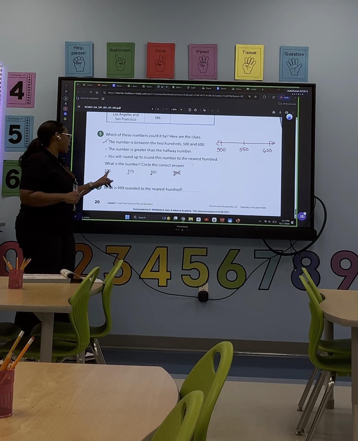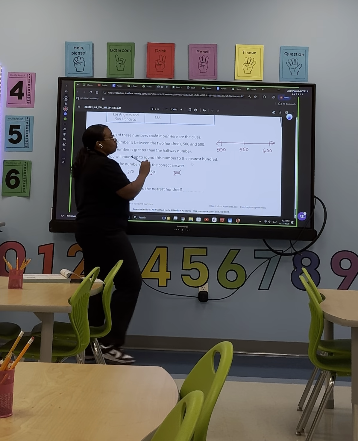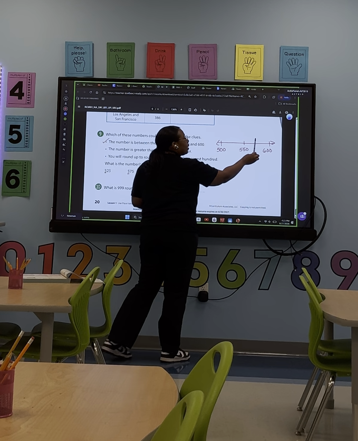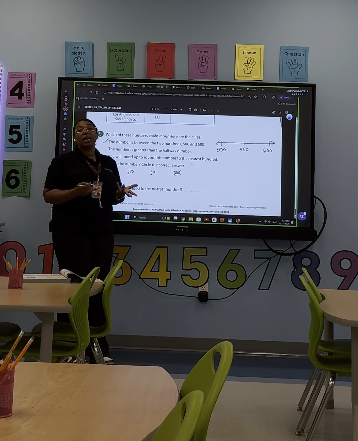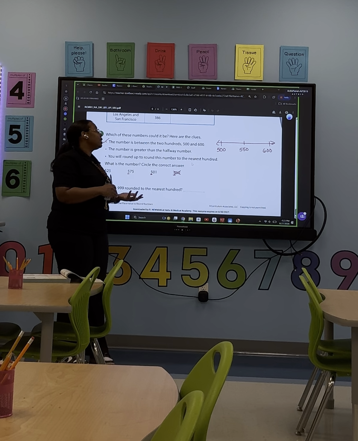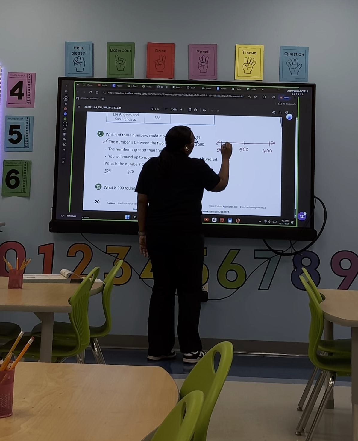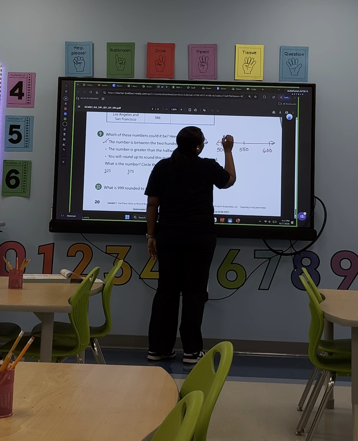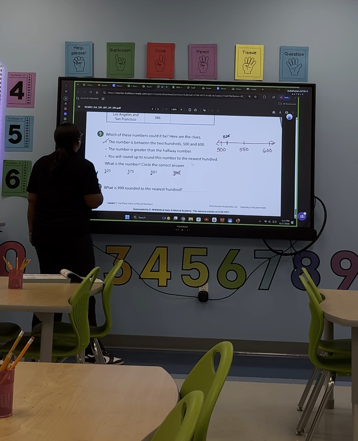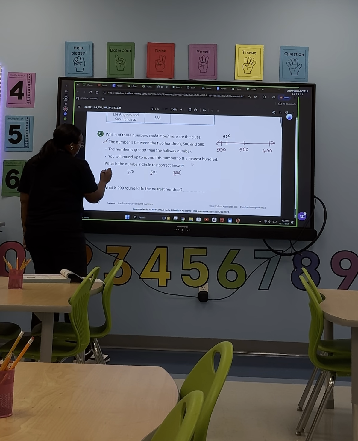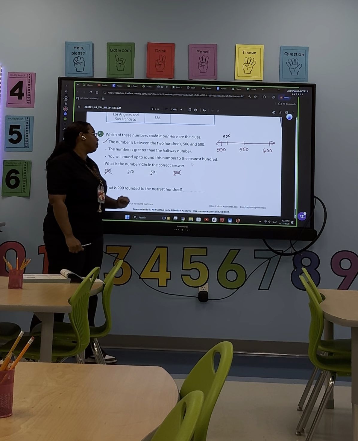Okay, so they said the number has to be greater than our halfway number. So let's look at our first number, 525. Is that greater than 550 or is it less than 550? Well, we know that that is going to be less than 550 because it's actually going to go about here on our number line. So automatically we know that this could not be our choice because it has to be greater than the halfway number.